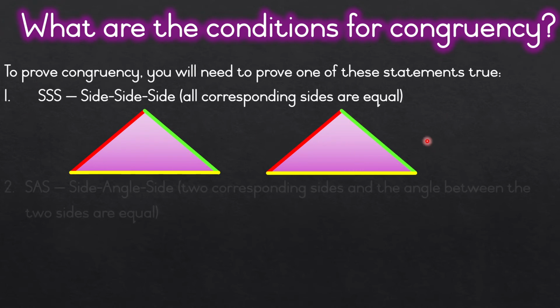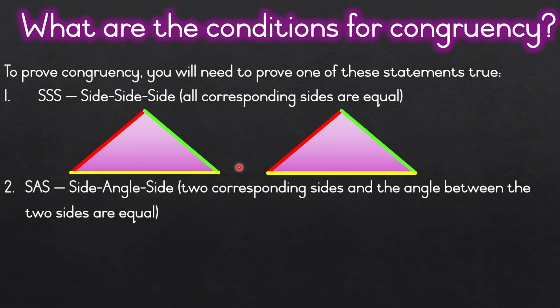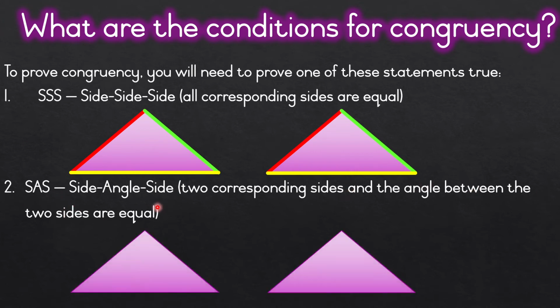The second condition is side, angle, side. So you will have to prove two sides are equal, two angles are equal, and another side are equal. So two corresponding sides and the angle between the two sides are equal. So it will look like this. Two triangles, I have the first one says side, there I have a side.